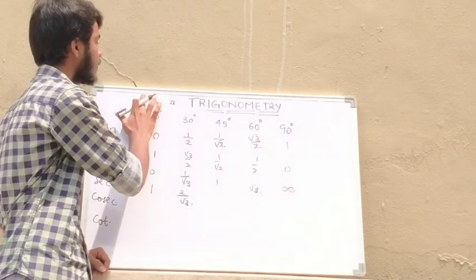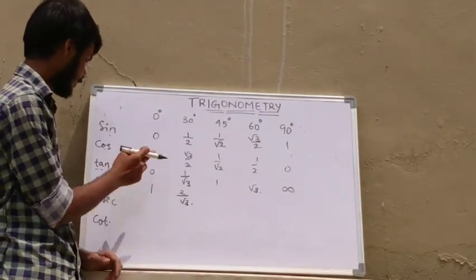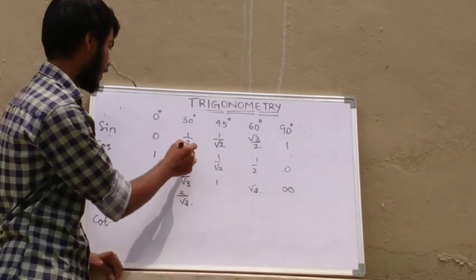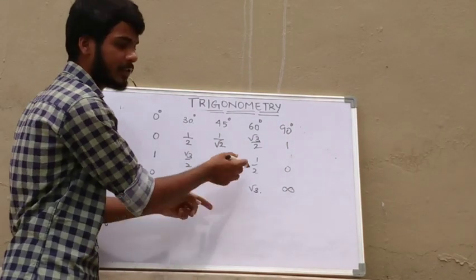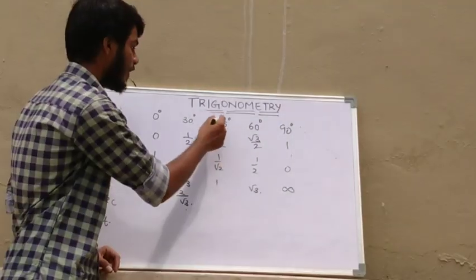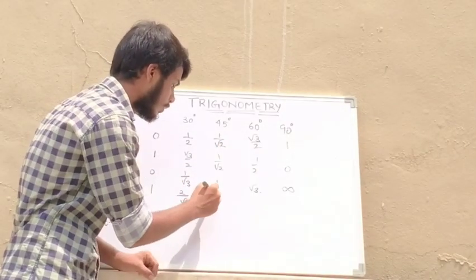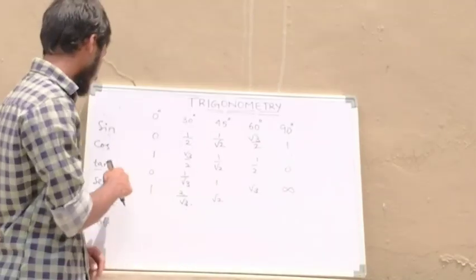Simply, secant is the reverse of cos. Cos values are 1, root 3 by 2, and so on, so secant gives 1, 2 by root 3. Secant 45: 1 by root 2 reversed is root 2 by 1, which is root 2.